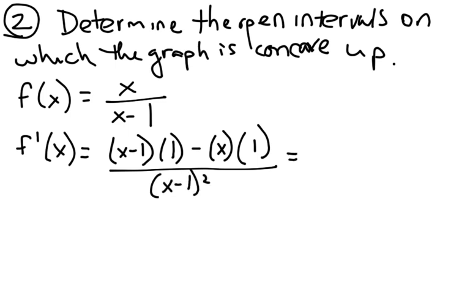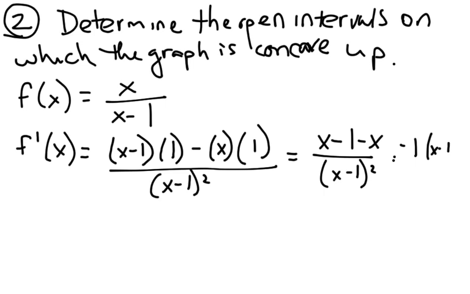So this is equal to x minus 1 minus x over x minus 1 squared, which is just going to be negative 1. And I'm going to go ahead and write this as x minus 1 to the negative 2 power. Since I'm going to have to find the derivative of that, I can find it to get my second derivative by using the chain rule.